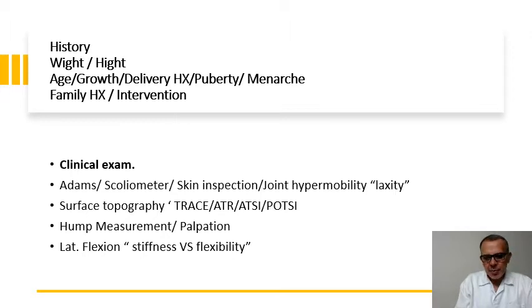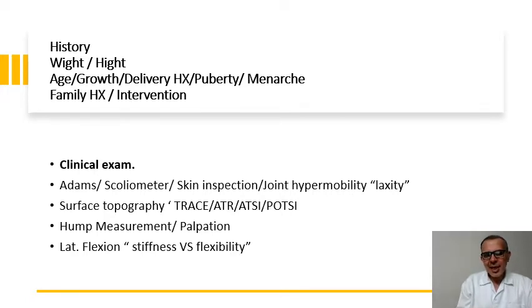Family history is important, so we can see if there's a red flag, like if her sister, her brother, or her mother has scoliosis. This will give us a red flag that there is something going on in this family, so we need to pay more attention and move faster toward the diagnosis and the treatment.